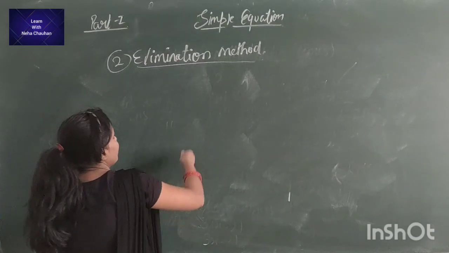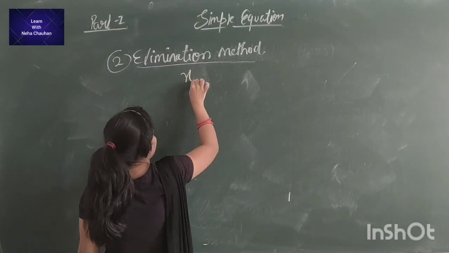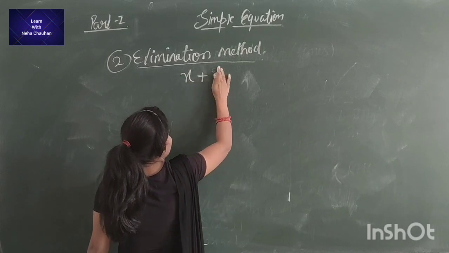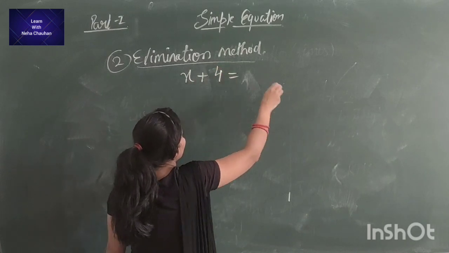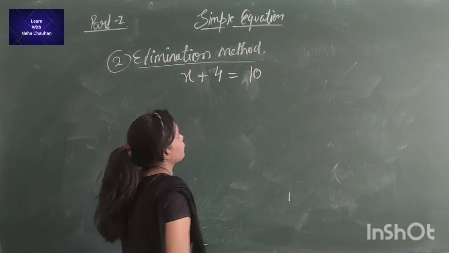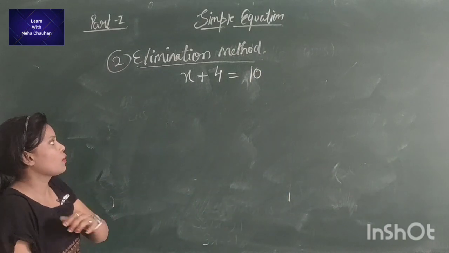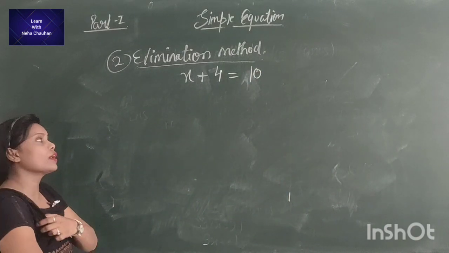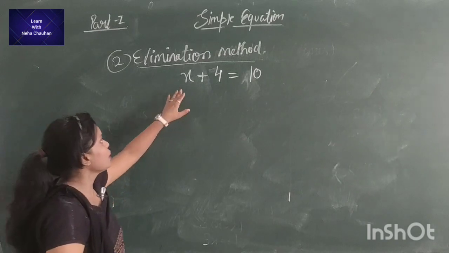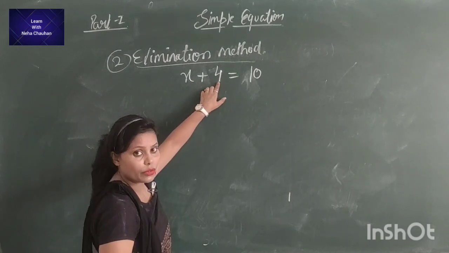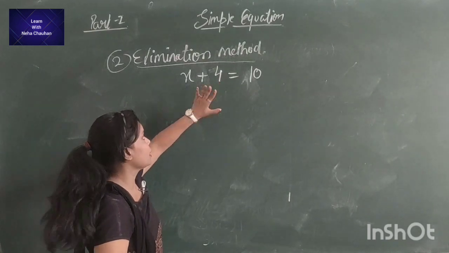Let's have an equation. x plus 4 is equal to 10. Okay. Let's take a simple equation. Now, for the elimination method, we need to remove 4, the extra part of the equation.